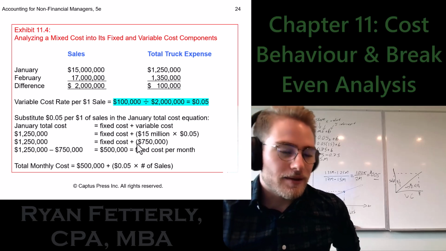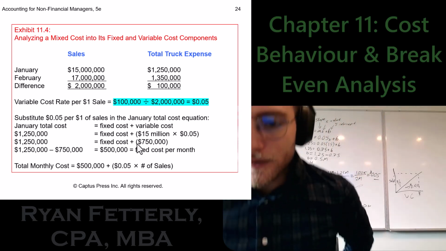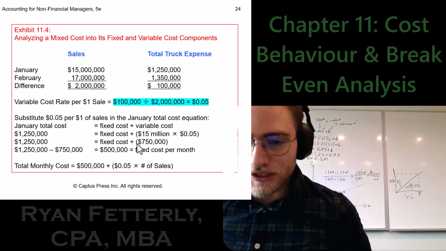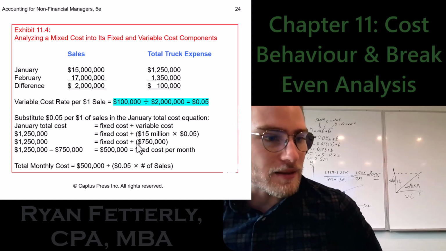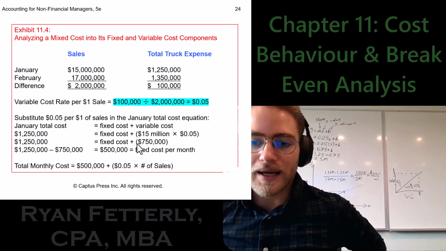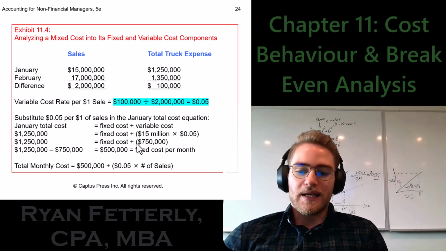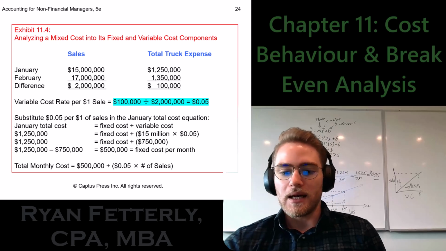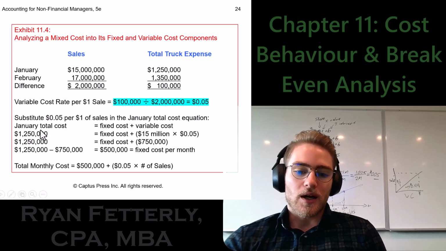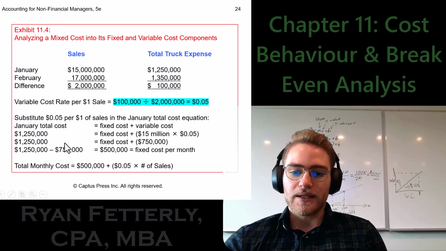So if you didn't catch that, I hope you can at least see right here where they basically solve for that. I gave you the more mathematical side of why, using the actual linear equation of a line, where my total cost would be y, so it equals your fixed cost plus your variable.